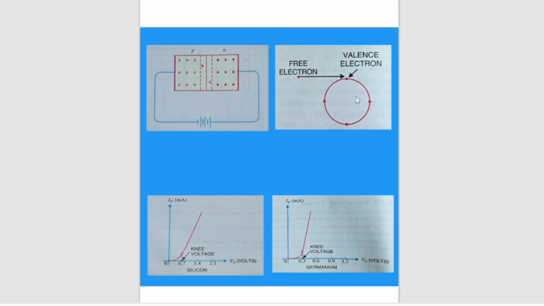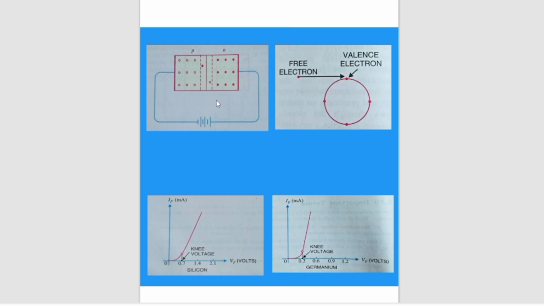The newly liberated electrons in turn free other valence electrons. In this way, we get an avalanche of free electrons. Therefore, the PN junction conducts a very large reverse current. Once the breakdown voltage is reached, the high reverse current may damage the junction. Therefore, care should be taken that the reverse voltage across the PN junction is always less than the breakdown voltage.